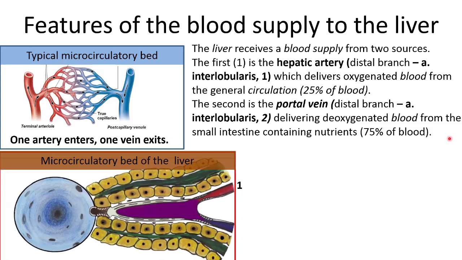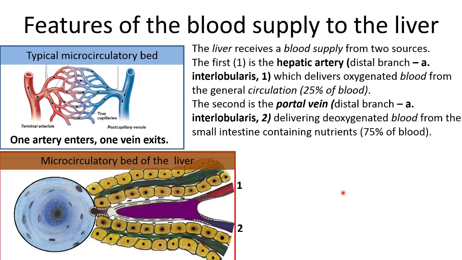So again we use this picture, and number 1 to demonstrate arteria interlobularis, here it is, number 1, and number 2, vena interlobularis. Again, I repeat that this is a mistake: vena interlobularis.